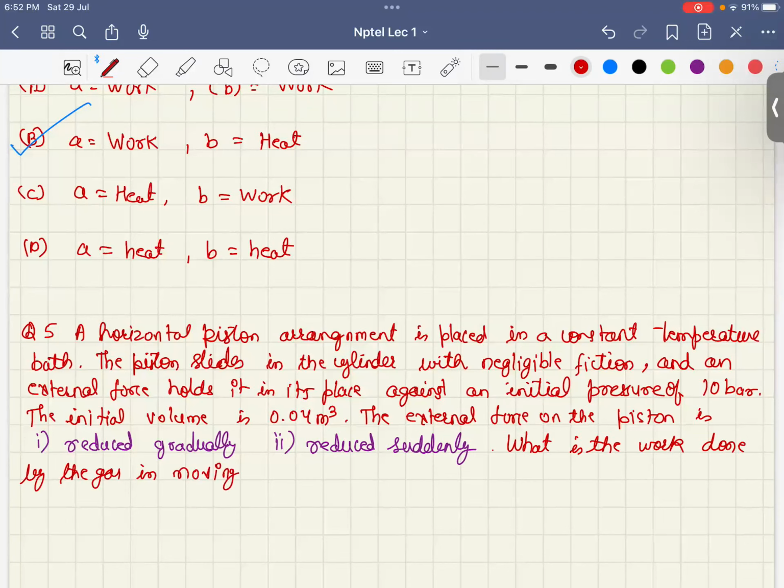The volume of the gas is related to pressure like this, P into V is constant.